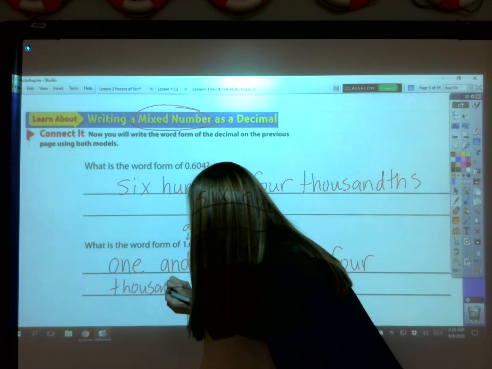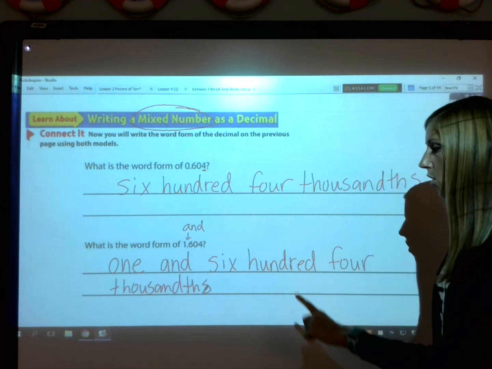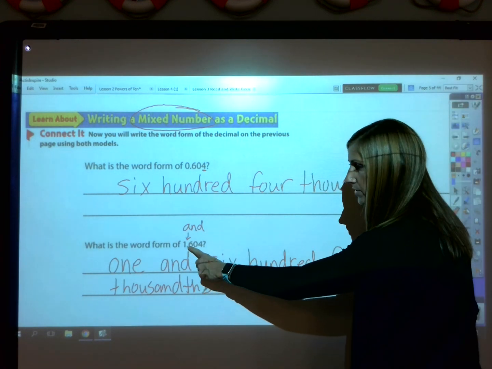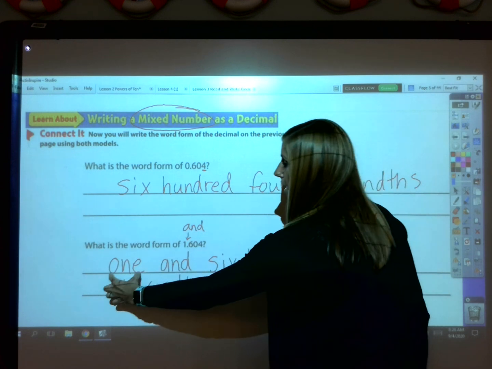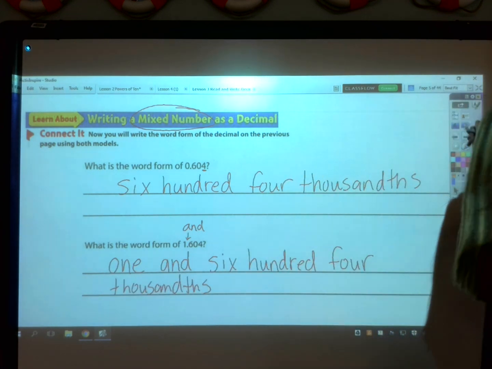That's what place value it ends in. Okay? So we always use the word and to represent a decimal and to show that, well, there is a whole number. Okay?